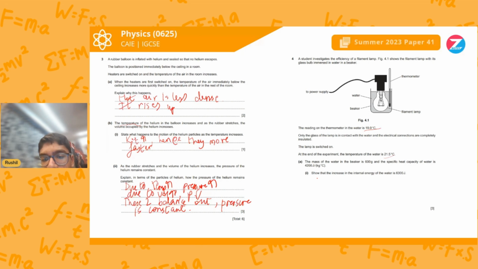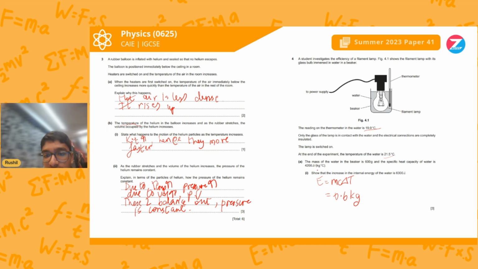So, as we know, E is equal to mcΔT, which is mass into specific heat capacity into change in temperature. So here, as the water is being heated, we're measuring from the thermometer. We know that there's 0.6 kg of water.